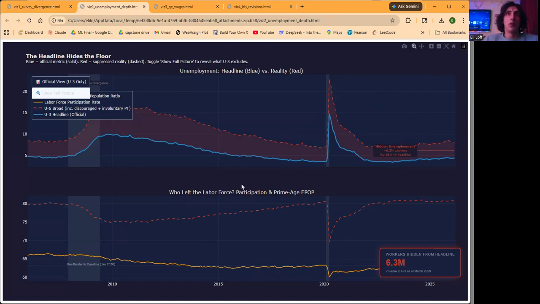And the lower panel here is going to be participation and prime age ratio. The labor participation rate measures the share of the civilian non-institutional population that is either employed or actively looking. The prime age employment population ratio covers ages 25 to 54, removing the entitlement and enrollment effects that distort the broader participation rate. Neither series has recovered to its January 2020 baseline despite 5 years of reported job growth.